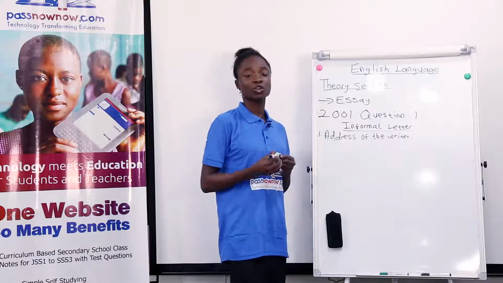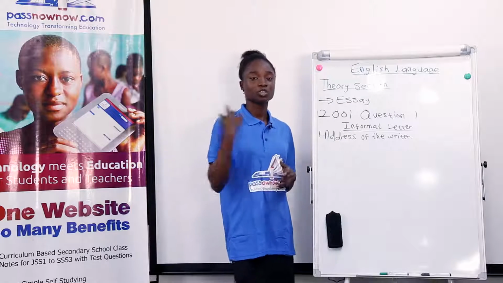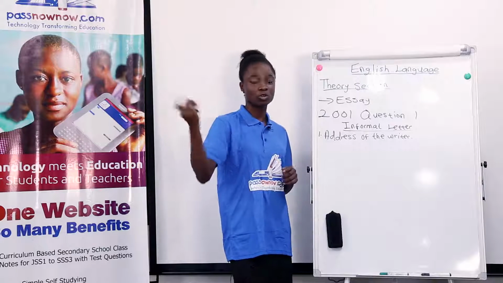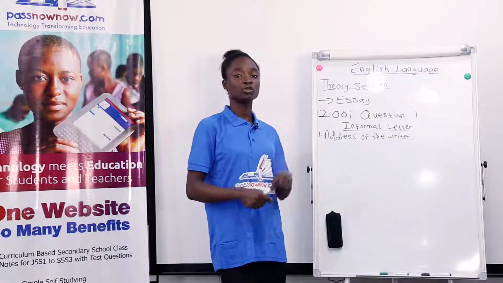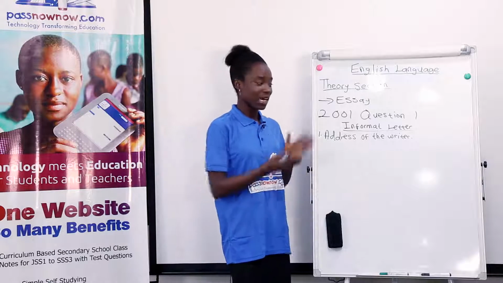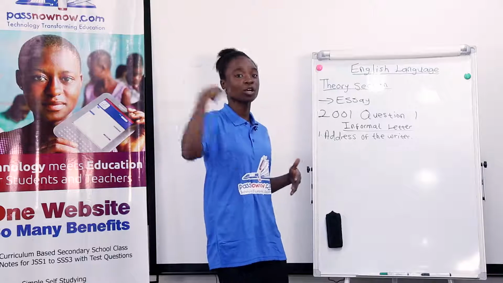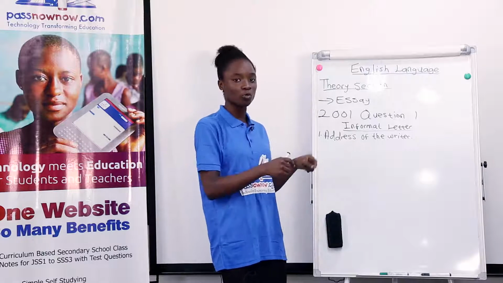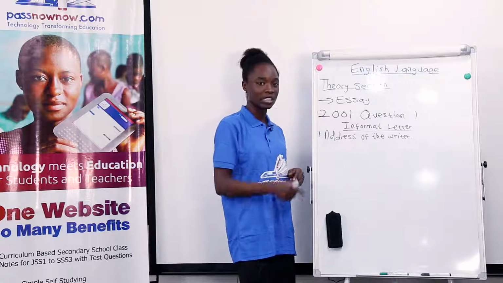Your address should include the number of your house, your street, the state, and if it's a letter going abroad to another country, it should also include the country of the writer. As in this situation, it's a letter going to another country since your father is on a long course abroad. So your country will be stated in the address of the letter.